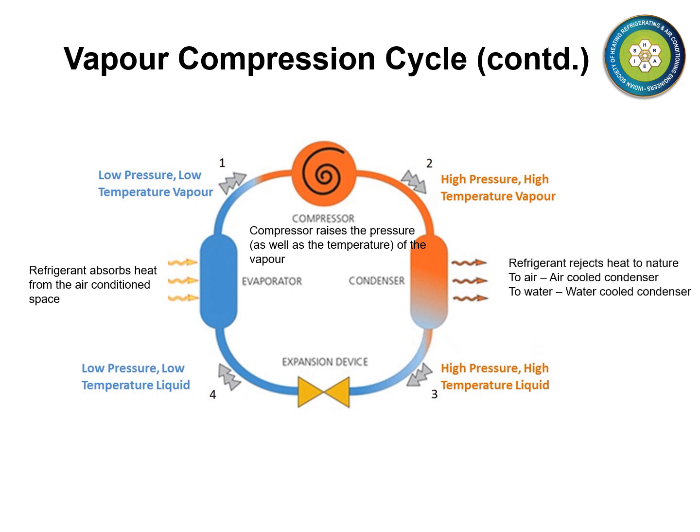The refrigerant vapor now flows through the condenser, where it rejects its heat to the ambient air or to water, as the case may be, and gets transformed to high pressure, high temperature liquid. The refrigerant finally flows through the expansion device, where it gets transformed back to low pressure, low temperature liquid.